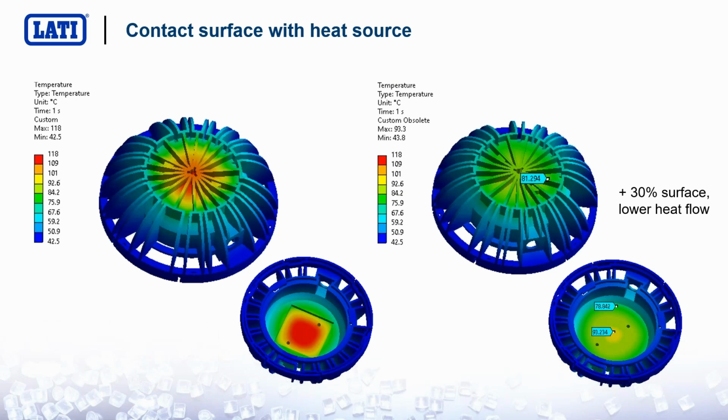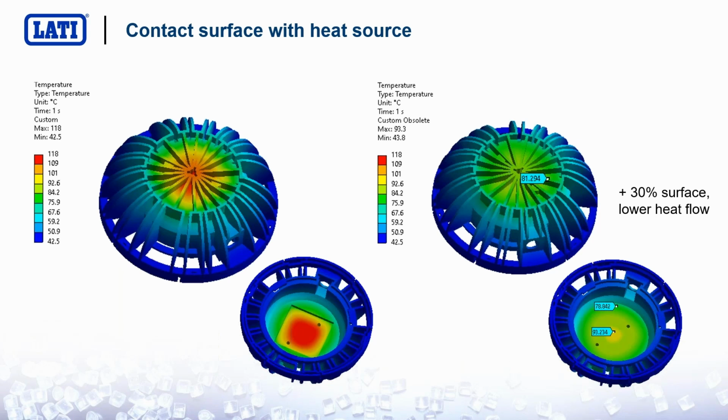Here we see the results of the thermal simulation we obtained, keeping the same parameters fixed: the same thermal power, the same temperature, the same kind of convection and radiation. You see how the result is changing with the increase of 30% of the surface. You reduce the temperature on the component, and this means that the component is dissipating better.